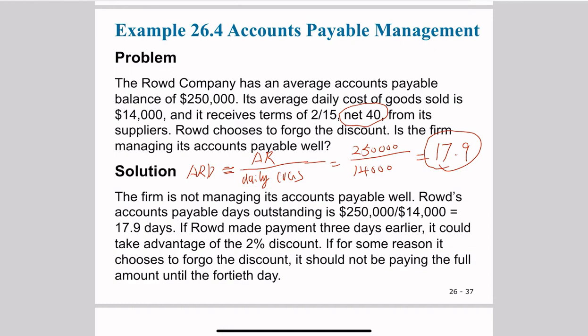It could delay this payment to day 40, or it could pay its suppliers 3 days earlier. Then the firm will be able to take advantage of this 2% discount.